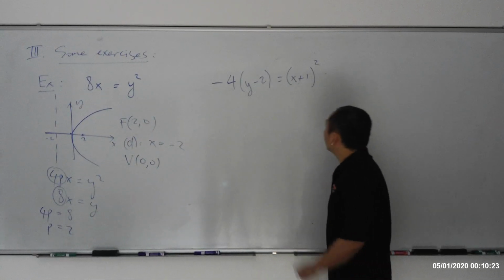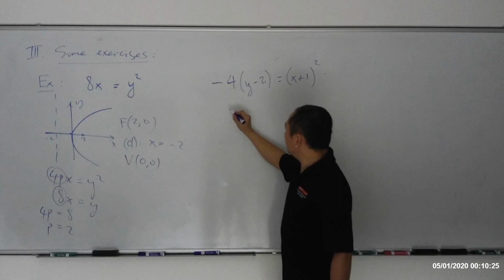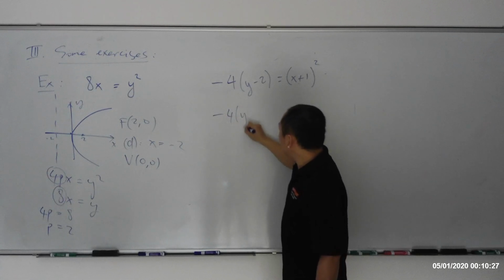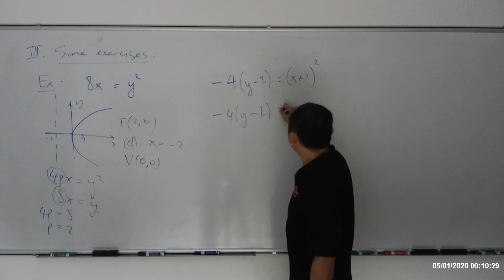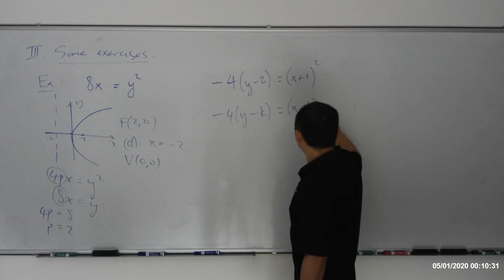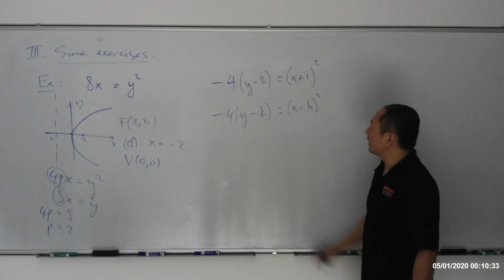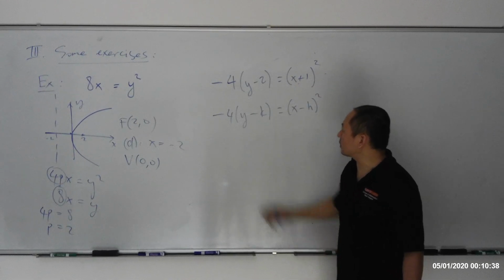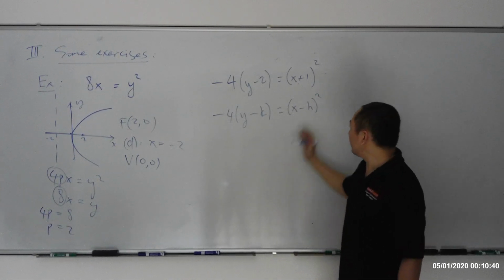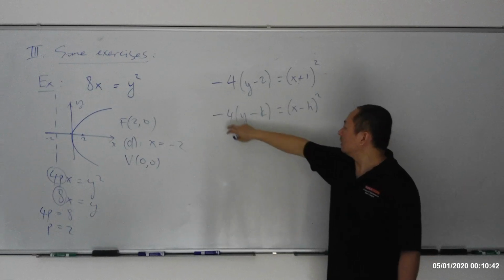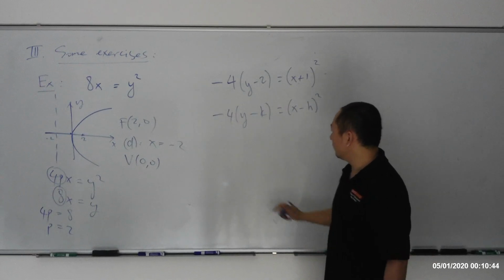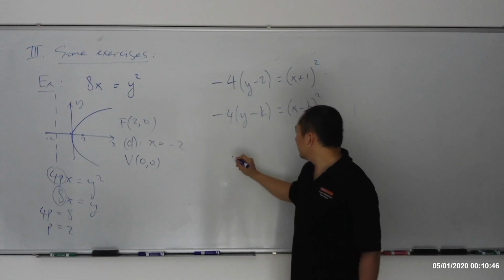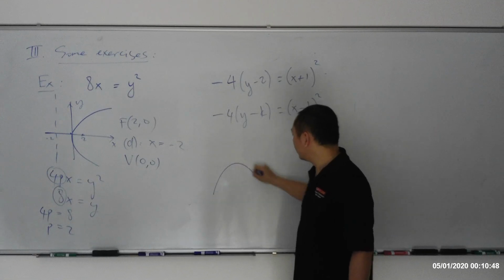Okay, so this one looks like the one that we learned before, -4p(y minus k) equal to (x minus h) squared. And in this second example, the x term is squared, the y is not squared, and I have a negative in front. So if x is squared, you have up or down. The negative means we have a downward parabola. Okay, the parabola is going to be downward.